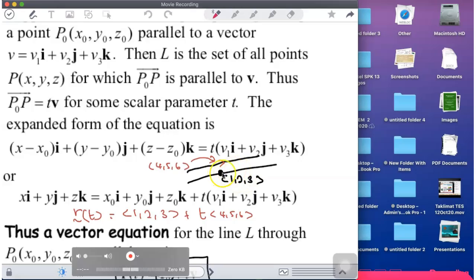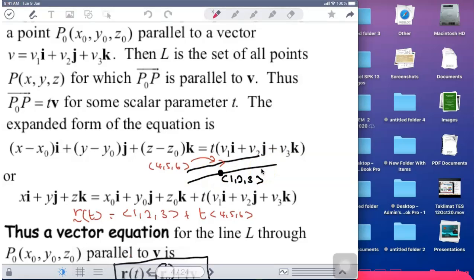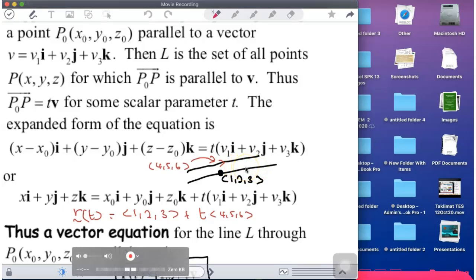Then you want to obtain the vector function of this line. Can we obtain it? Of course you can, but there are two pieces of information you must have. First is the point which the line is passing through, and you must also have the parallel vector to this line.